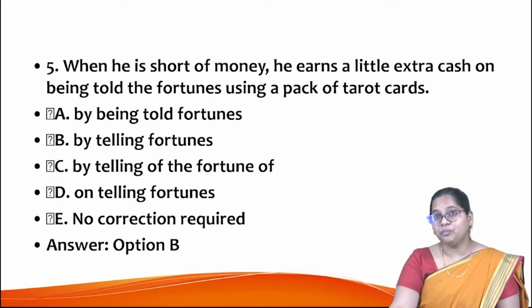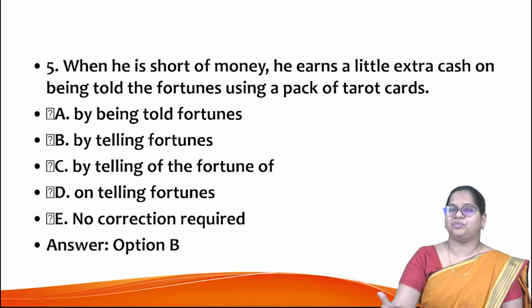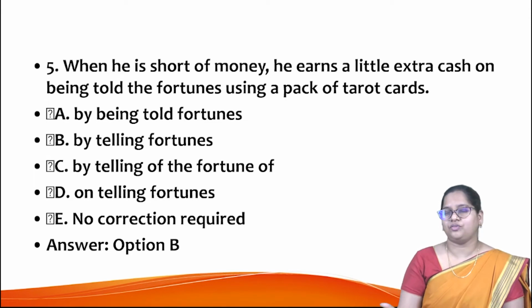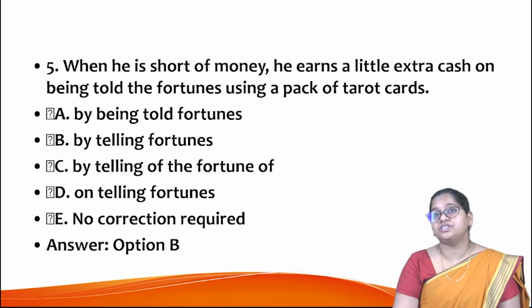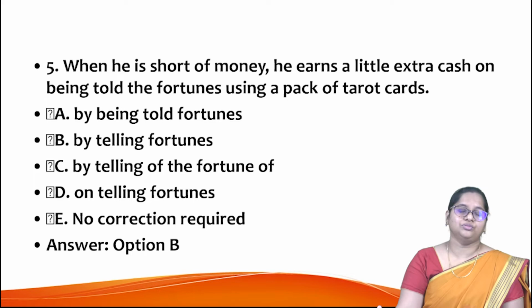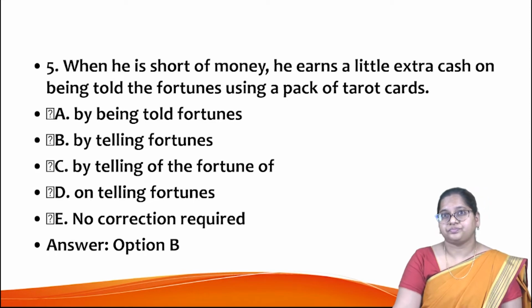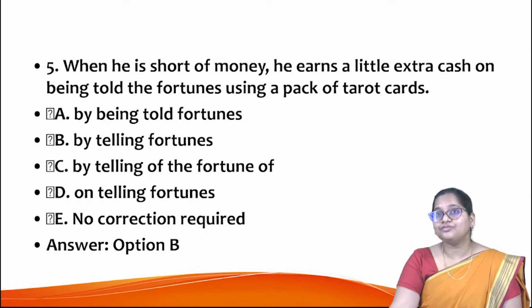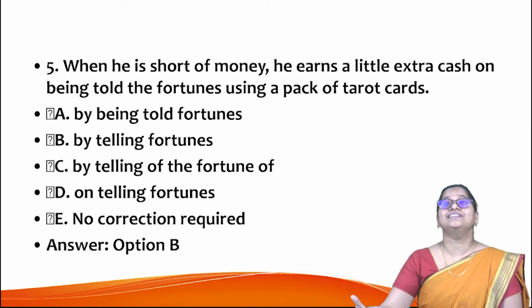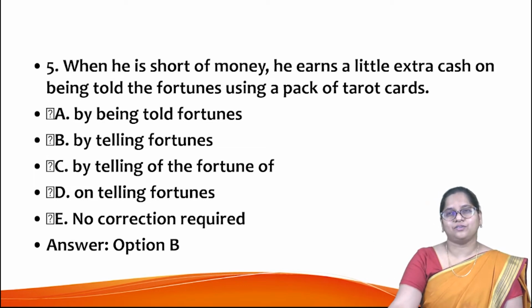Now let us try. By being told fortunes using a pack of is again a passive form. You don't have to take this passive form. You can say he earns a little extra cash by telling fortunes using a pack of tarot cards.